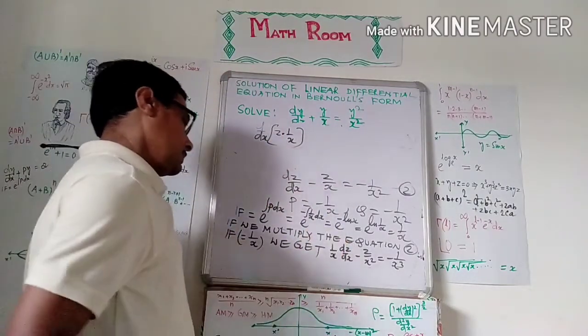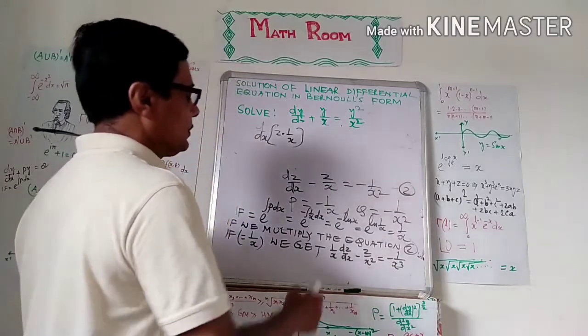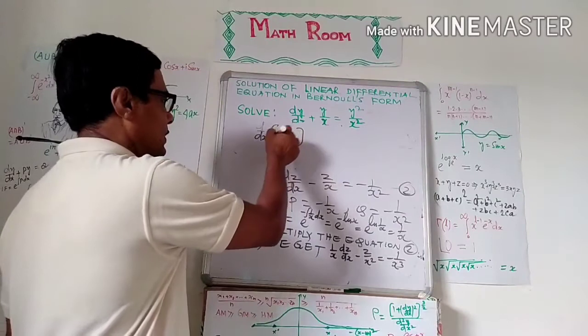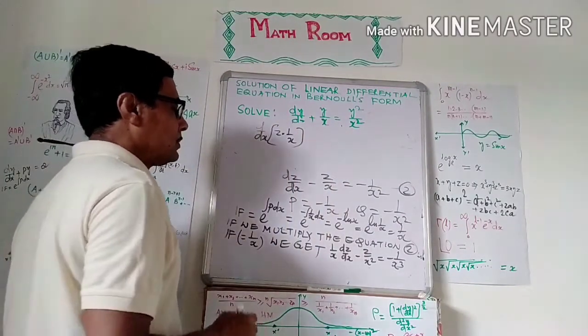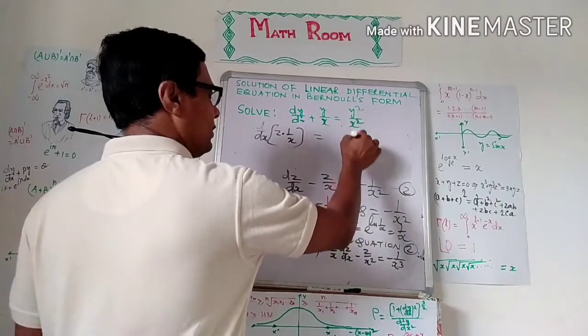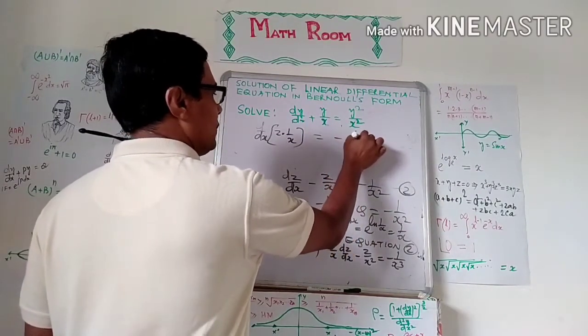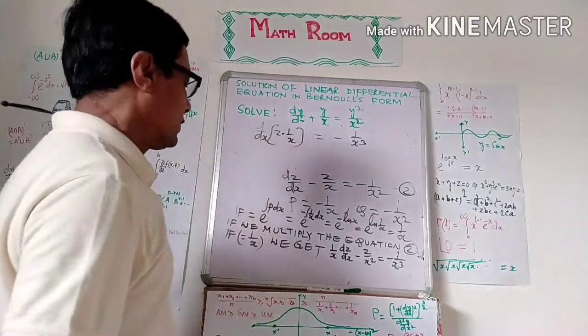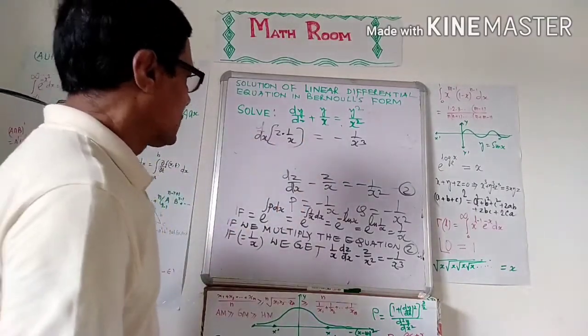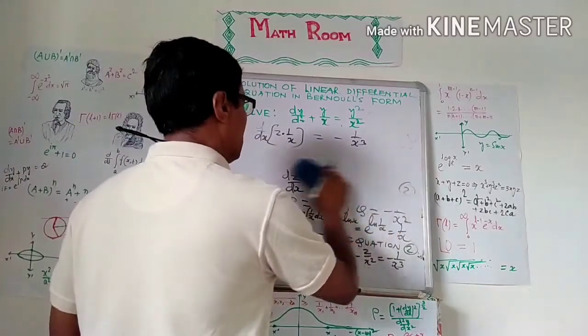The left hand side of this equation is a perfect differential, that is d/dx of z into 1 by x equal to minus 1 over x cube. So we can integrate this equation.